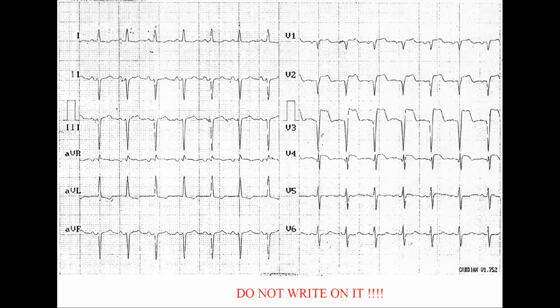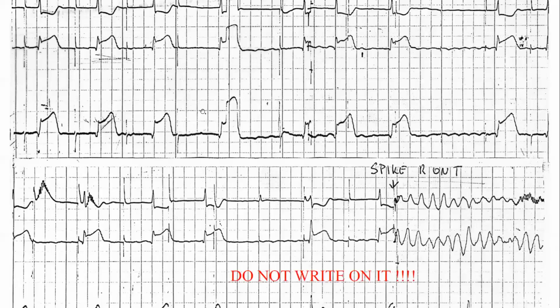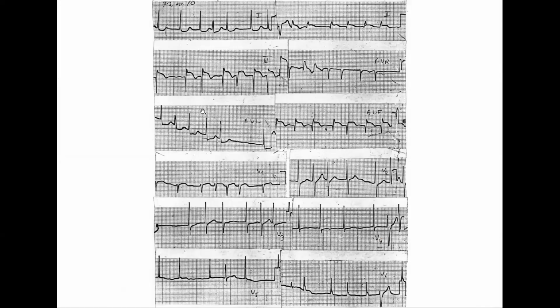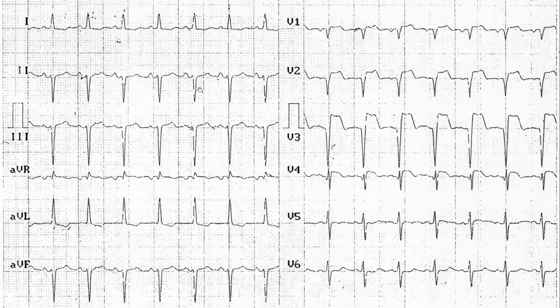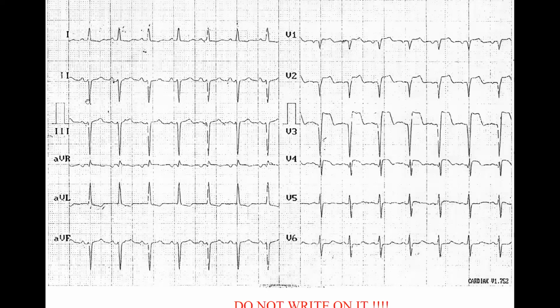But if it's a little bit more than 2, and I bet this is more than 2, yes, here, 1, 2, almost 3. So this is a little bit faster than 100.